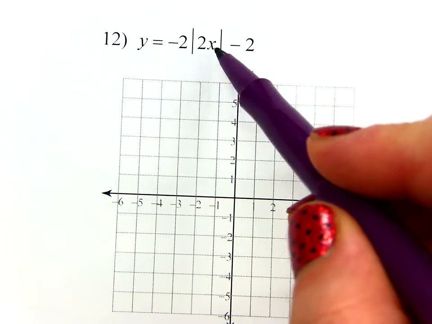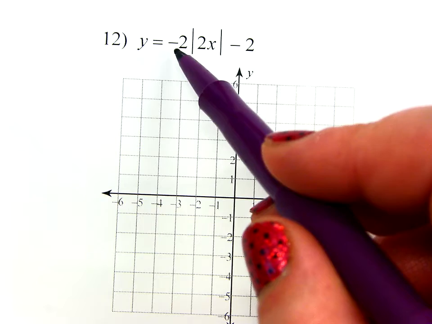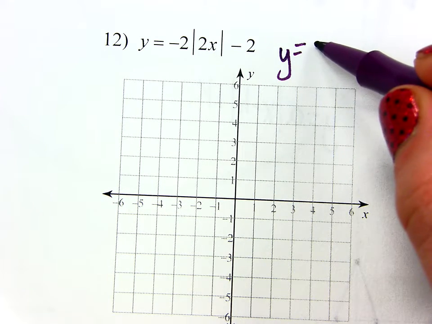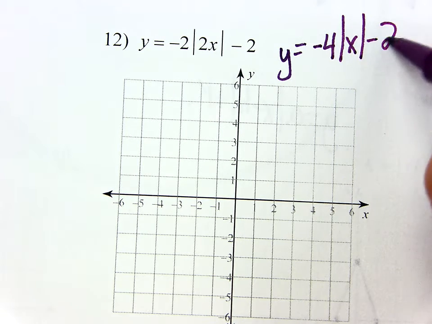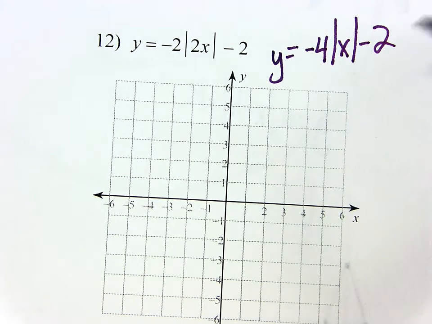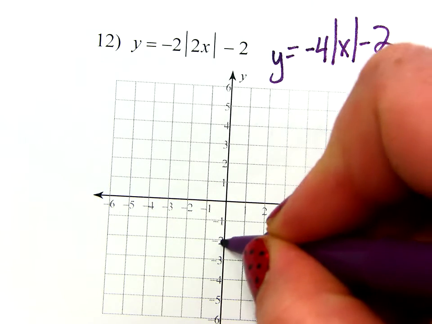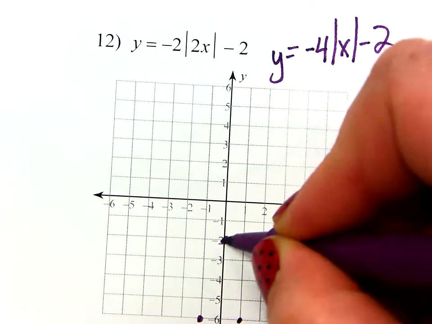Okay, so we're going to split this up. Absolute value of 2 is 2, and you're going to multiply by what's already there. So your equation is y equals what? Negative 4 absolute value of x minus 2. And then hopefully once you have it in this form, you can quickly graph it at 0, negative 2, and then with a slope of negative 4.